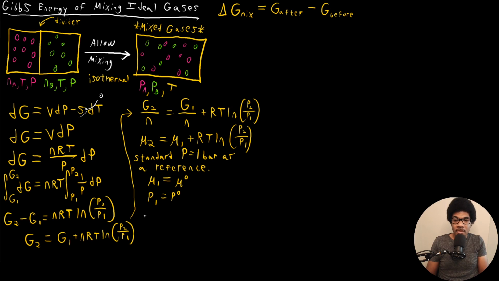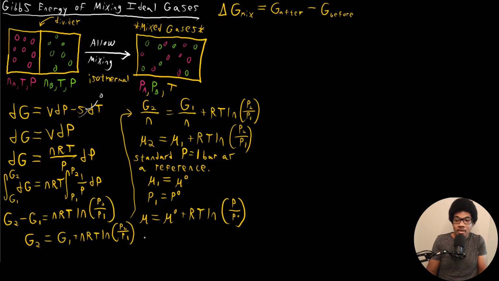Okay, so that means that we can re-express this expression for our mu as just equal to mu naught plus RT ln P over P naught, right? So this is just using our standard pressure to get a standard chemical potential, and using that to have a general expression for the chemical potential, using the standard pressure as a reference.